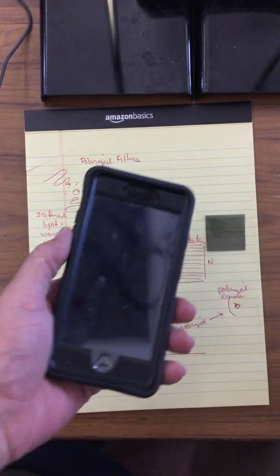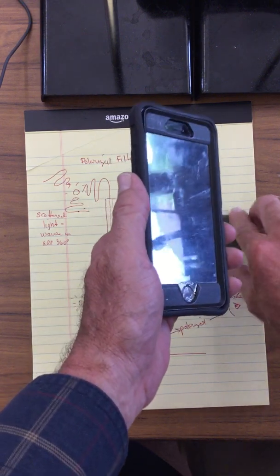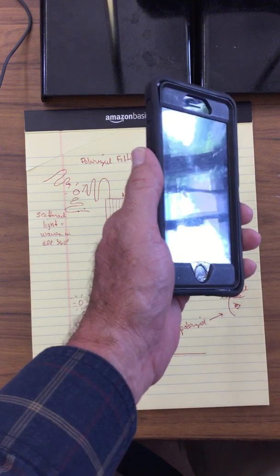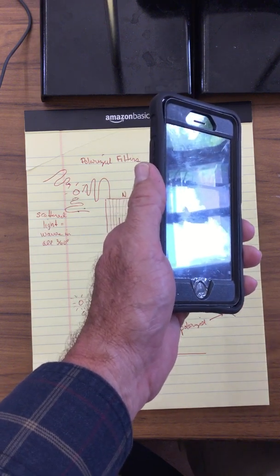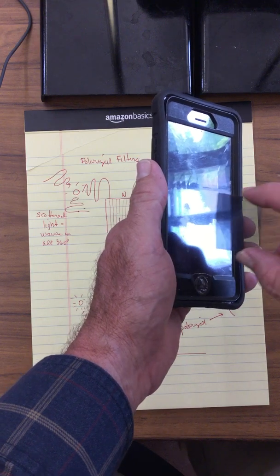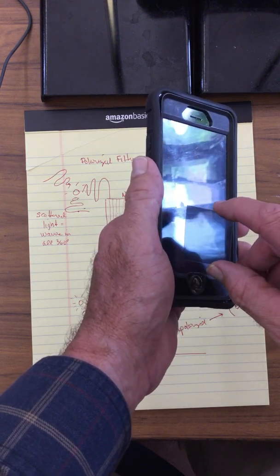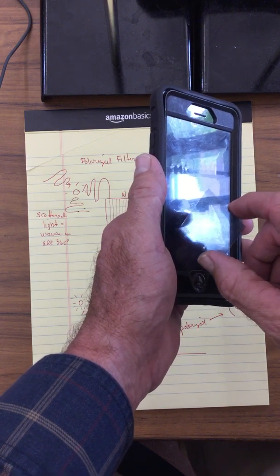I have my cell phone here, and I'm shining it at an angle towards the window. So I can see the reflection of the window inside of my phone. If I take the filter like this, watch what happens when I turn this.